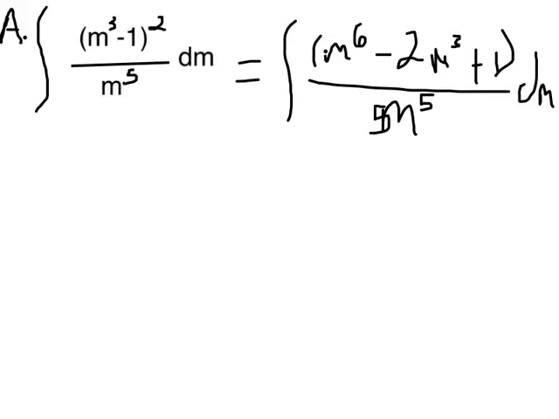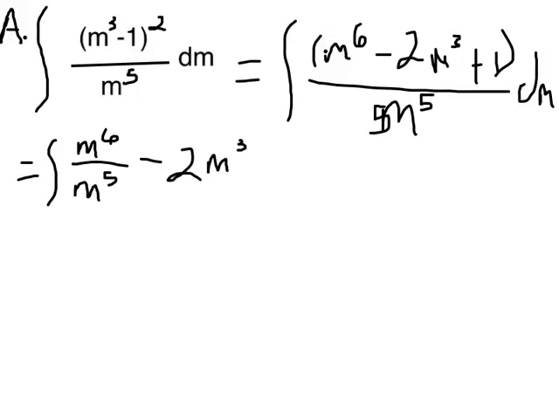Then, to continue to make this easier when we need to evaluate the indefinite integral, we will put the m to the fifth under each variable. So it will be m to the sixth divided by m to the fifth minus 2m cubed over m to the fifth plus 1 over m to the fifth dm.